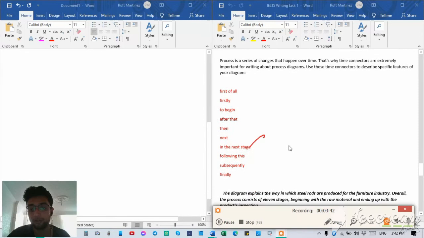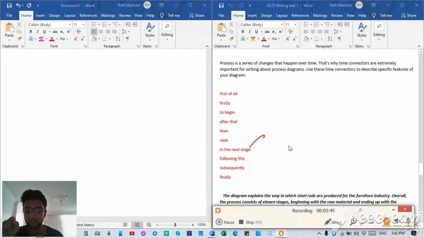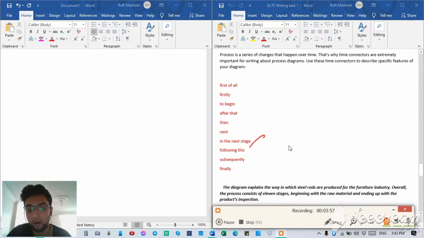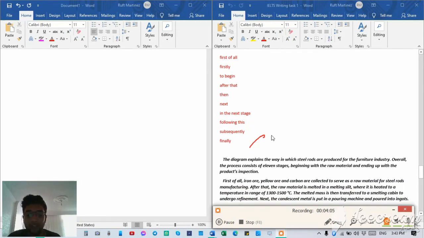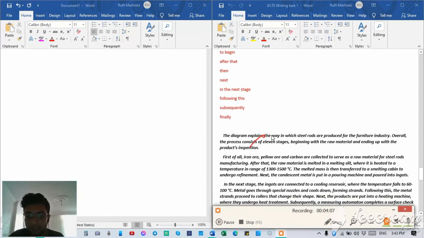I actually sent you a file called additionals, which means linking words. Check the linking words and learn them. Learn the linking words and use as much as you can, especially in IELTS Task 1 essays. After that, I'll send you more. You have the linking words file, so please check it and study that.